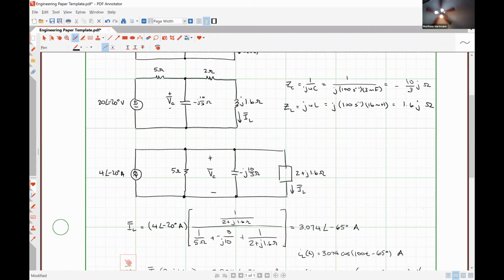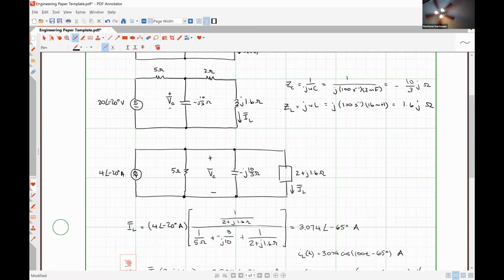Where my mind went originally was to do voltage division to determine VC, and then use Ohm's law once we know VC to determine IL. I think it's the same amount of steps, and some of the math is going to be extraordinarily similar. So whatever way really floats your boat here.